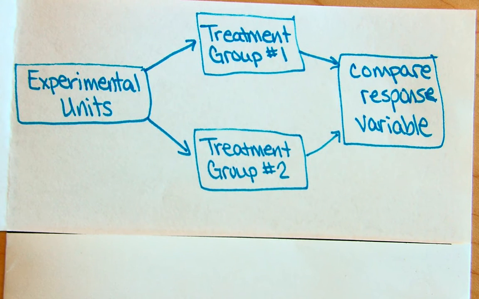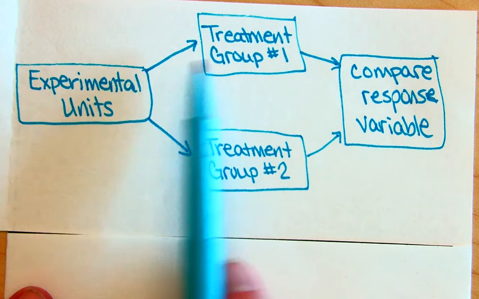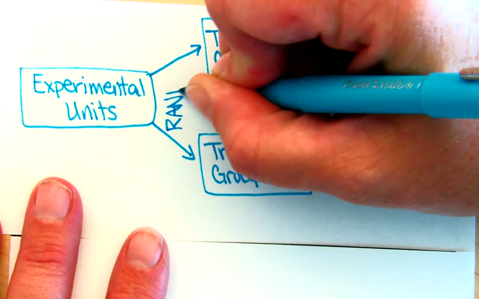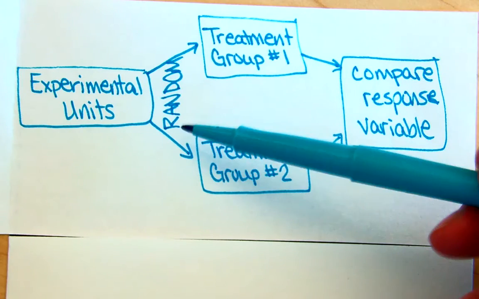Now the other thing that is required, you have to show where did the randomization happen. Remember, randomization is the required element. We want to show that within our design. So we're randomly assigning these experimental units to the treatment. So we're going to write the word random in there to show this is where the randomization happens.